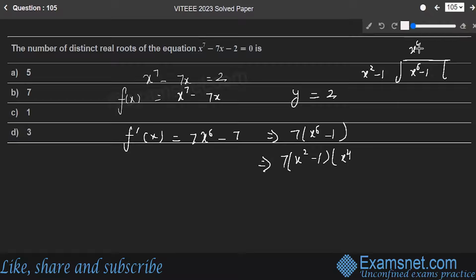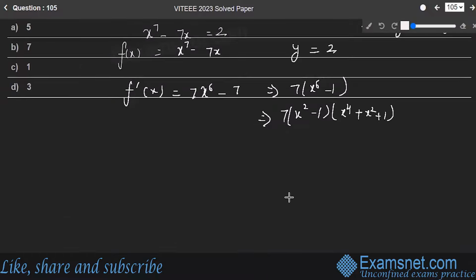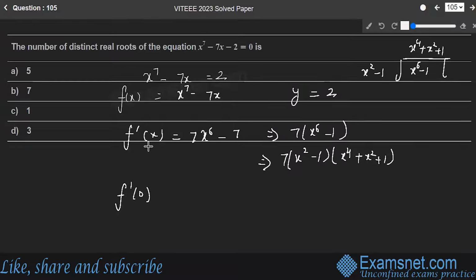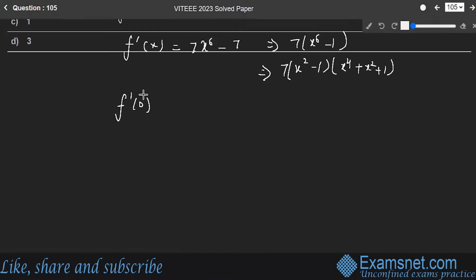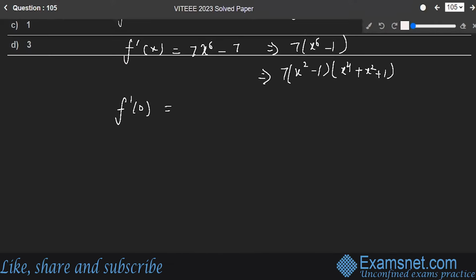You will get the quotient as x raised to power 4 plus x square plus 1. So that's it. Okay. So now, if f dash x is equal to 0, this implies x is equal to plus minus 1.